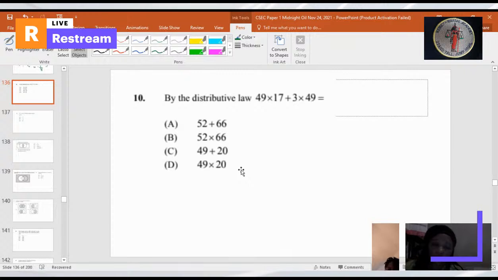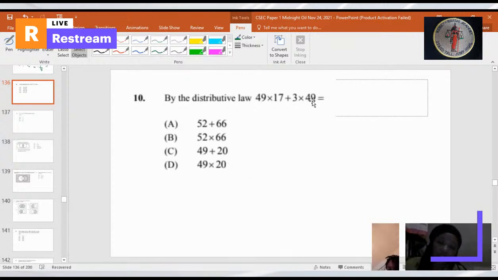Unless we multiply 49 times 17 first. No, we're not actually multiplying them. We're showing it is a distributive law.